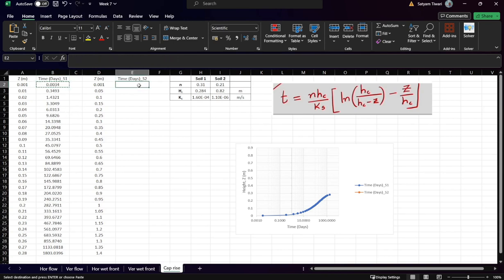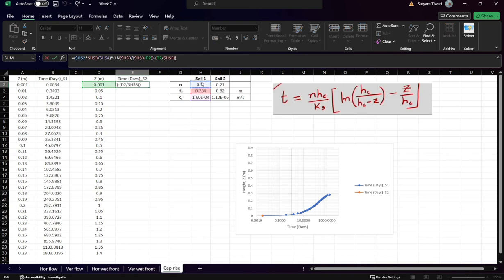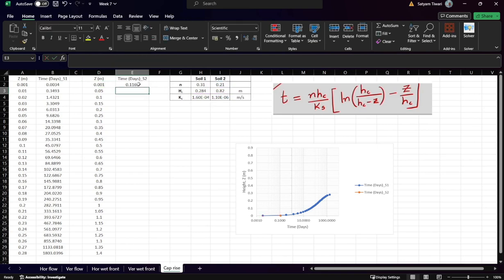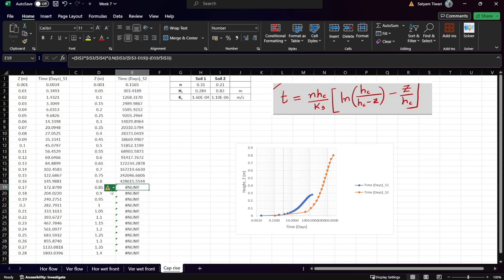So I'll just copy this formula here, and then I'll change the values. This one is going to be here, this one here, and this one again here, and this one here. You'll observe that for soil 2, these values are like this.